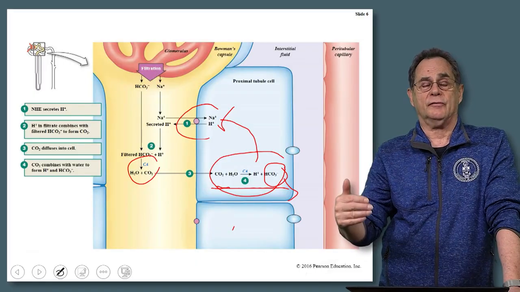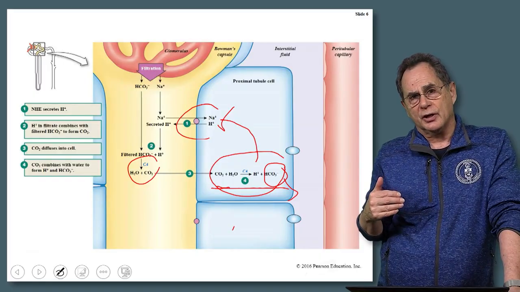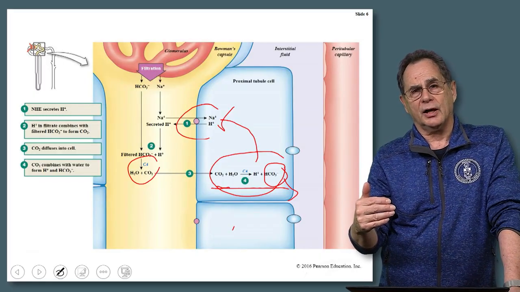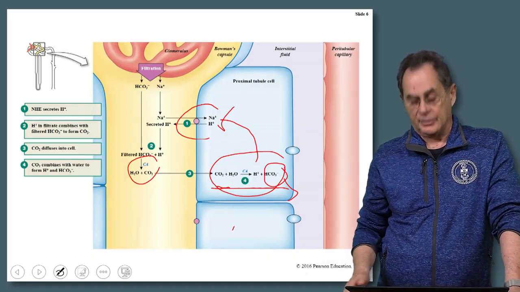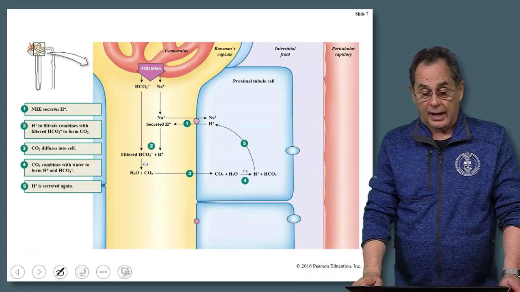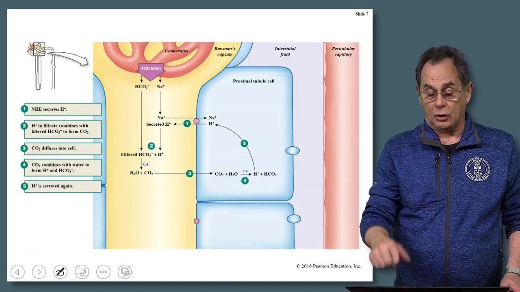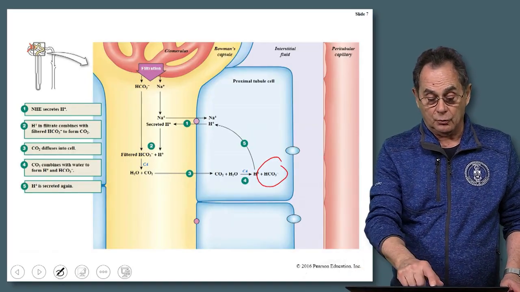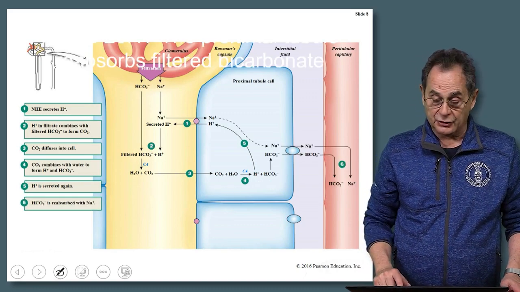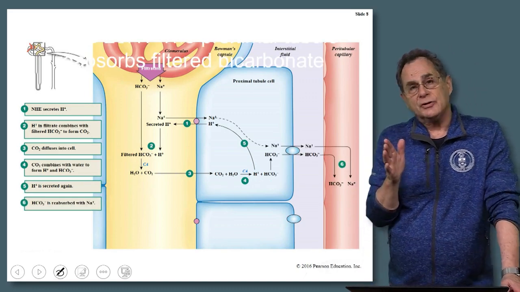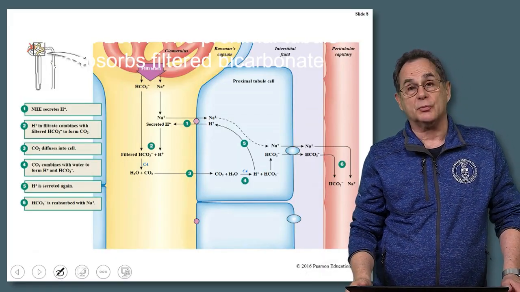The CO2 then diffuses into the cell where an equilibrium between CO2 and water is facilitated by a second isoform of carbonic anhydrase to form H2CO3, which then breaks down to form hydrogen ion and bicarbonate. And so as a consequence, the hydrogen tends to recycle and the bicarbonate is moved from the lumen into the cell and then is transported across the antiluminal, the basolateral membrane, by a sodium bicarbonate cotransporter.